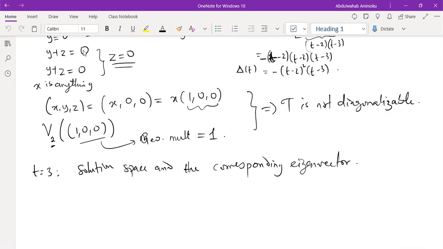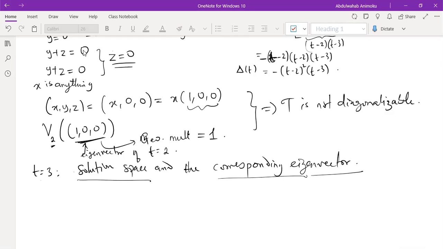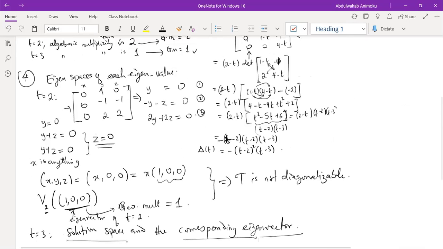I hope that is clear. Remember, this vector will be the eigenvector of this eigenvalue. In the same way, for t equal to 3, find the solution space and also the corresponding eigenvector. I think that sums up this whole problem.